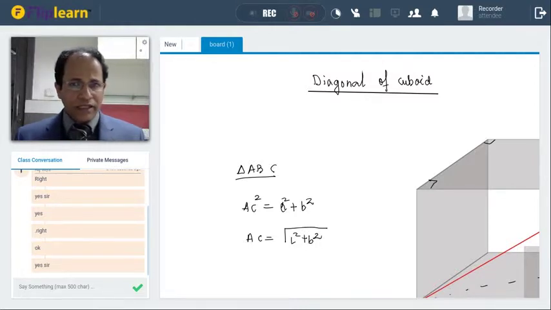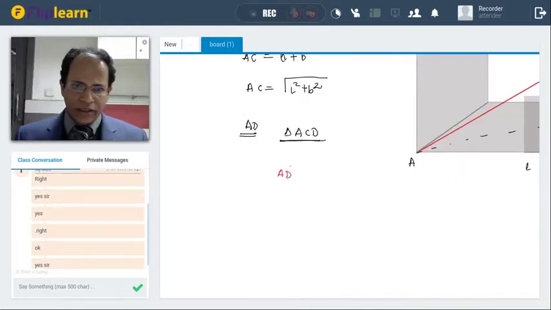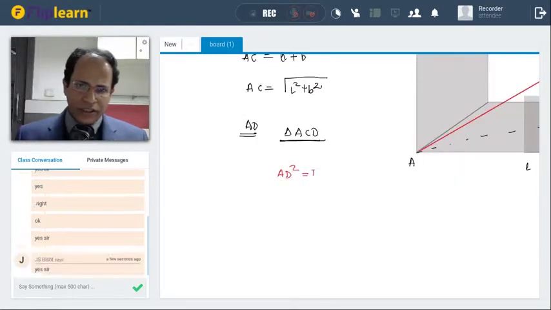But we need to find the diagonal. That is AD we need to find, right? So what is AD? When we talk about AD, we are talking about triangle ACD, fine. We are talking about triangle ACD, where AD square is equal to DC square plus AC square we have, right?